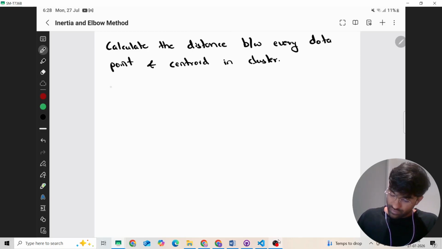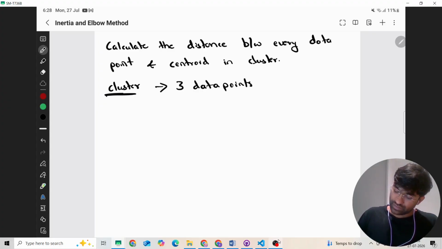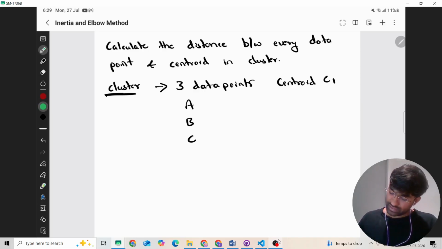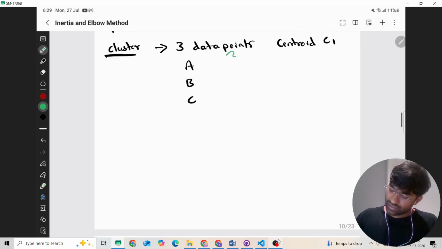Consider we have a cluster of 3 data points, A, B, and C. The centroid is C1. For every cluster, there will be one centroid, that is C1. Now we have to find the distance between every data point and the centroid, that is, the distance of A comma C1, then square it.